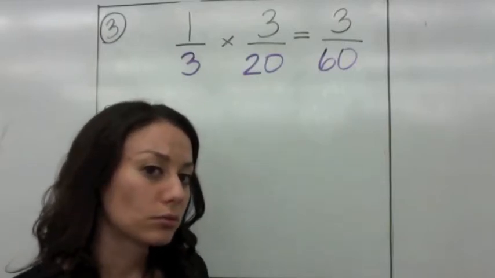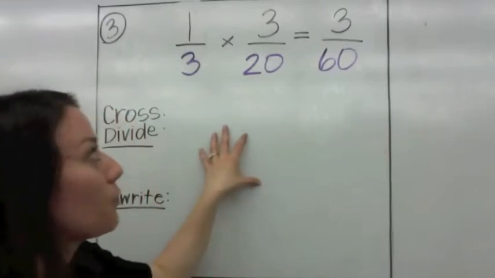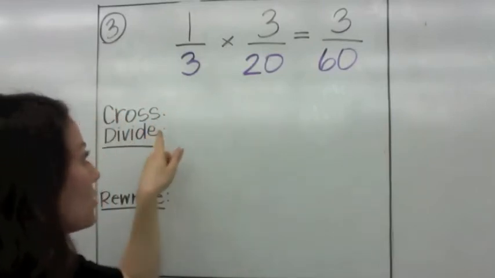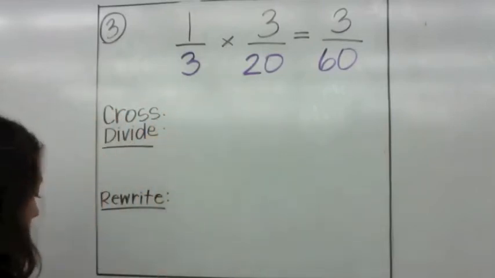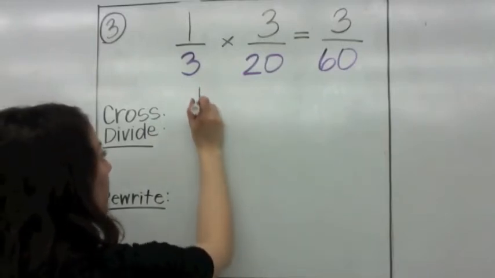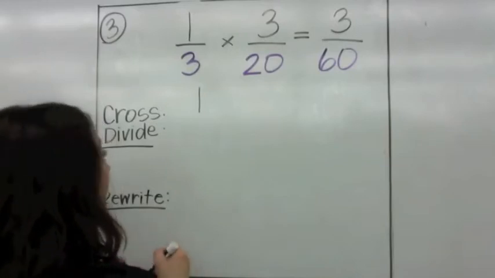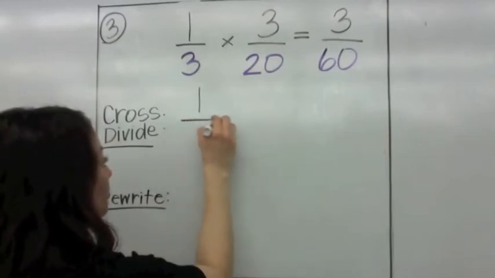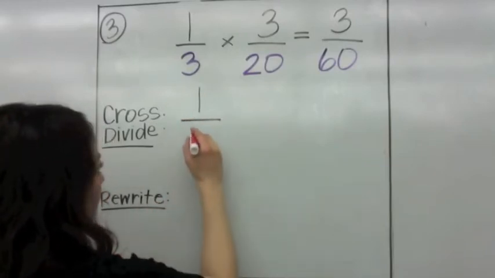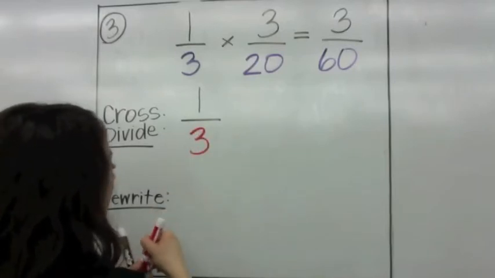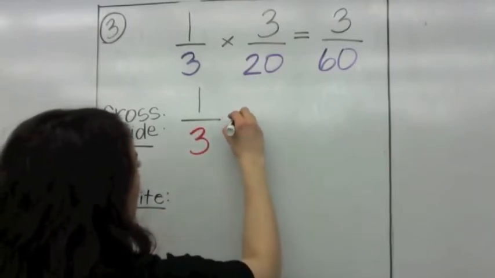So, what could be very simple for you is cross-dividing. Watch. If you cross-divide in order to simplify, you say, all right, I have 1/3 and I'm going to multiply it by 3/20.